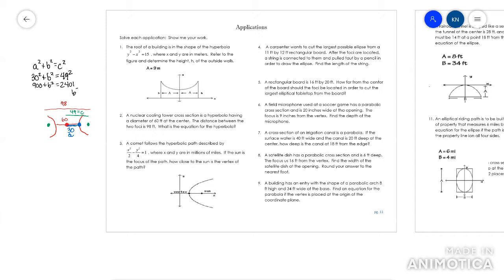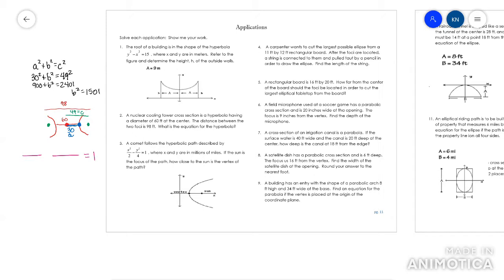So B squared is 1501 when you subtract that 900. And I don't really care what B actually is, because I'm going to be writing an equation for a hyperbola, and it's always A squared and B squared anyways. So I'm going to end up squaring it back anyways.